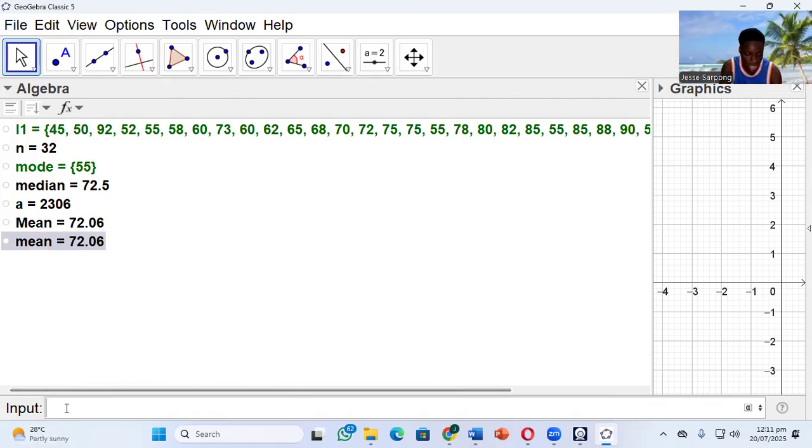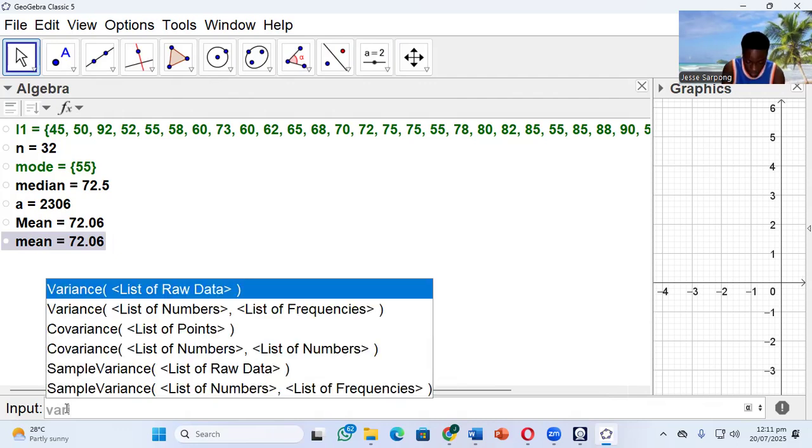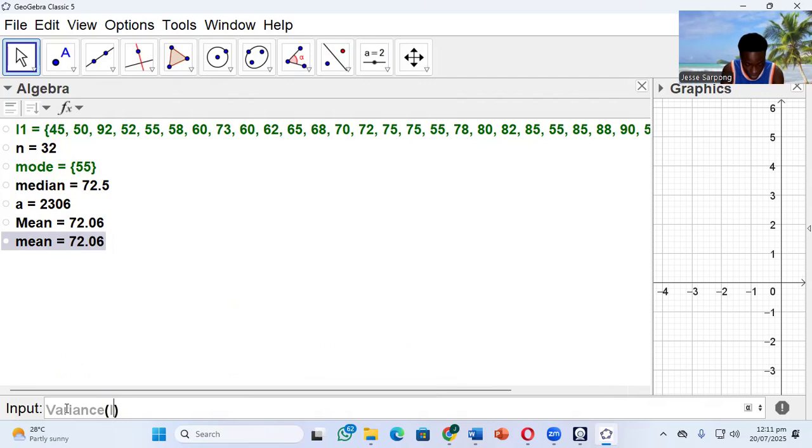You can also get the variance or our standard deviation first. So let's get our variance. We can get the variance from here. Now, we know that variance is equal to standard deviation squared. So when you square the standard deviation, you get your variance. But now that we just have our variance, to get our standard deviation we square root the variance.